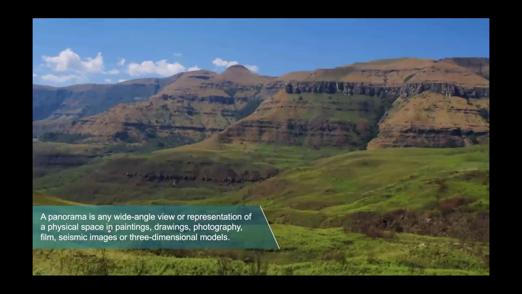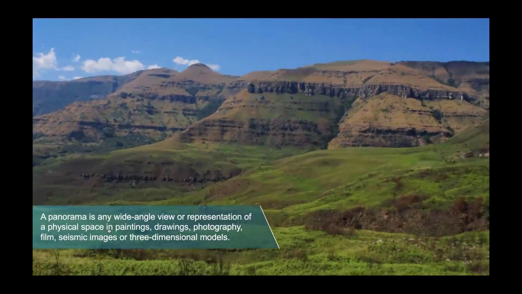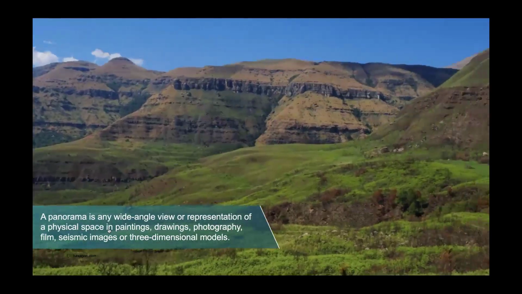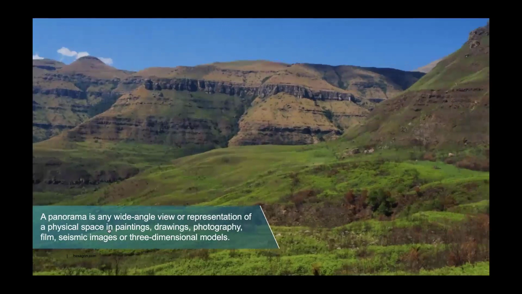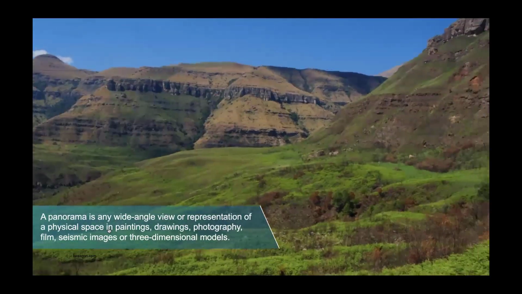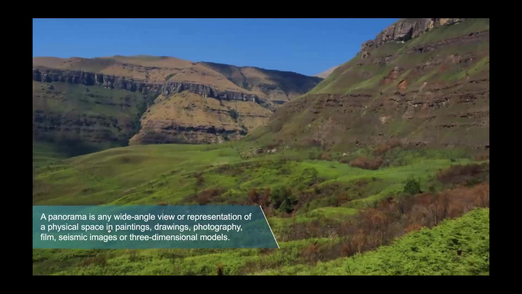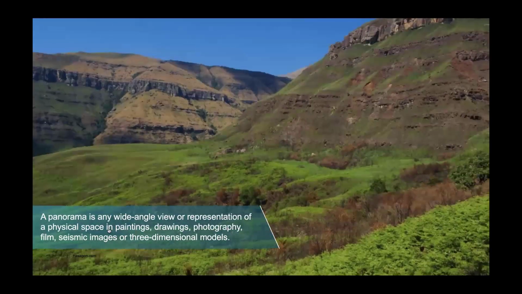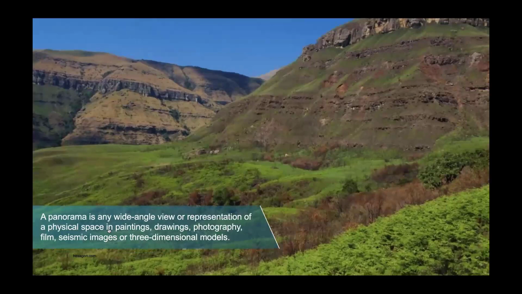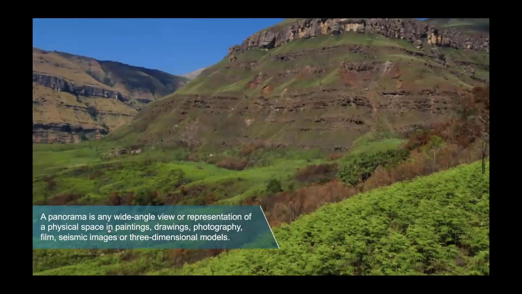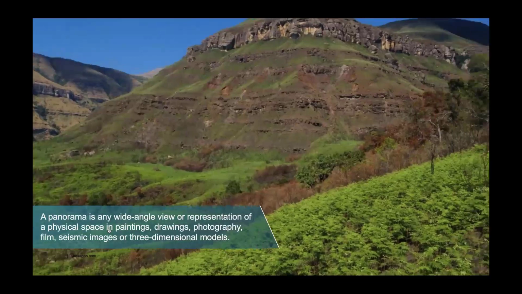But typically, when we talk about panoramas these days, we're talking about a digital representation of the world around an observer. In the case of 360-degree panoramas, we're talking about a full 360-degree sphere around an observer where you get information for every single direction. Maybe also a cool little trivia, the word panning, meaning moving around a camera, is derived from the same words.